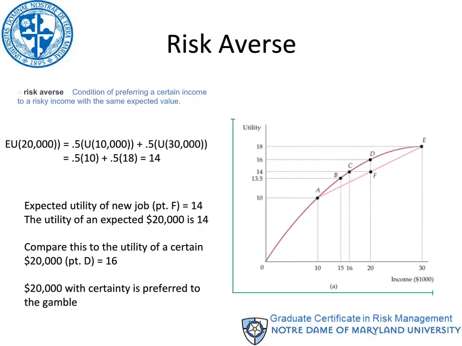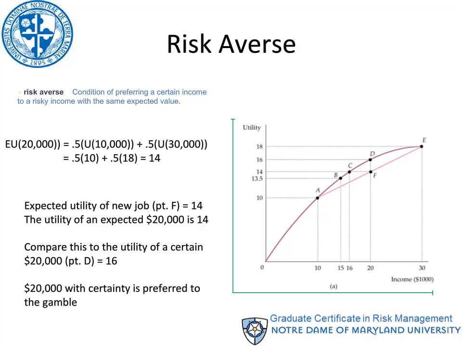The average of these two outcomes is 0.5 times the utility of $10,000 and 0.5 times the utility of $30,000, which is equal to 0.5 times 10 plus 0.5 times 18 for a total expected utility of 14.